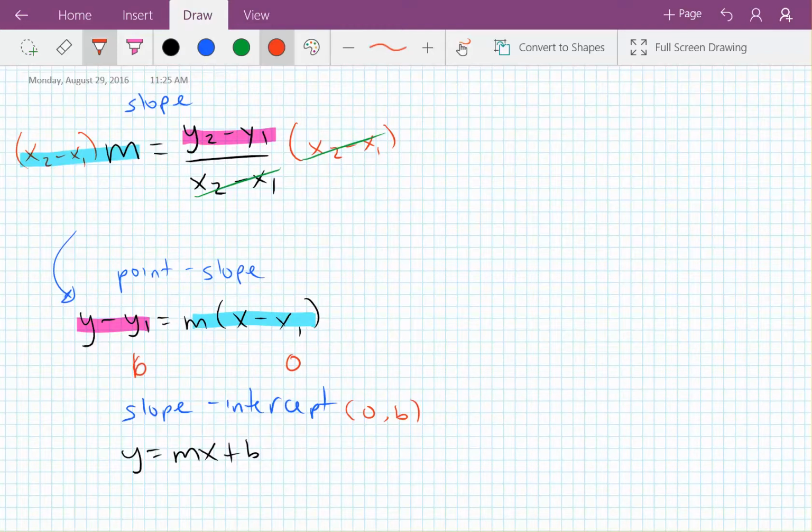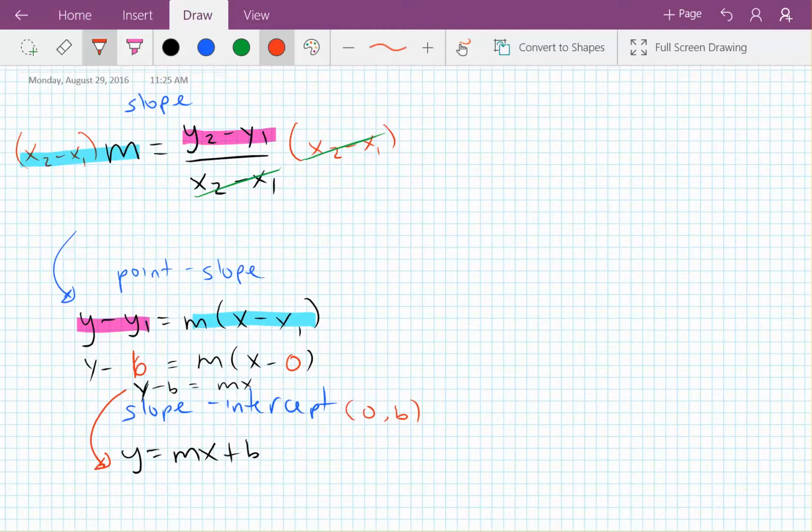So now I have y minus b equals m times x minus 0. Well, x minus 0 is just x. And if I add b to the right, we're brought right back down to here.